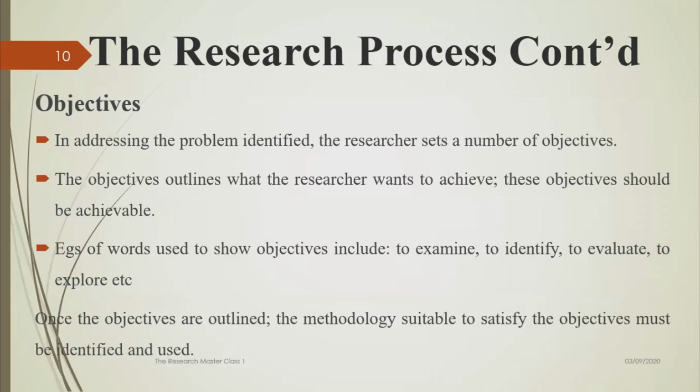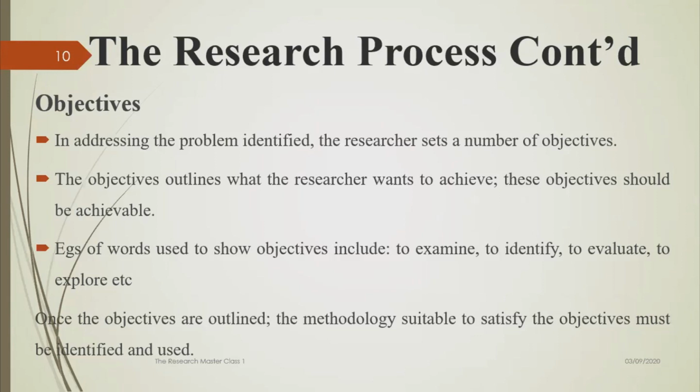Okay, so once the problem is established, once you have been able to identify the gaps your study is going to fill, you need to set your objectives. And objectives are very, very important. If you miss out on the objectives, it makes the work a little difficult. The objectives outline what the researcher wants to achieve, and they should be achievable. Let's not set objectives that are too difficult to achieve.